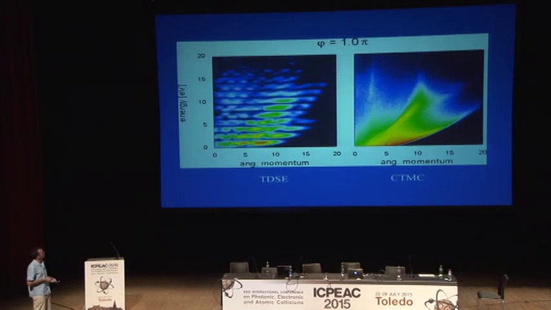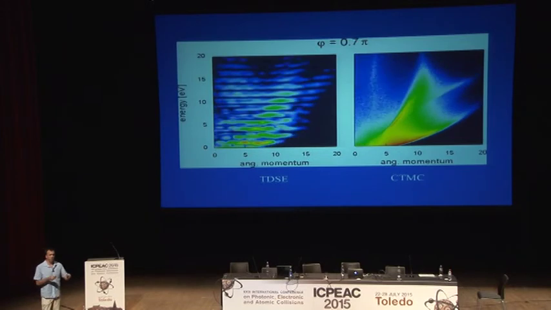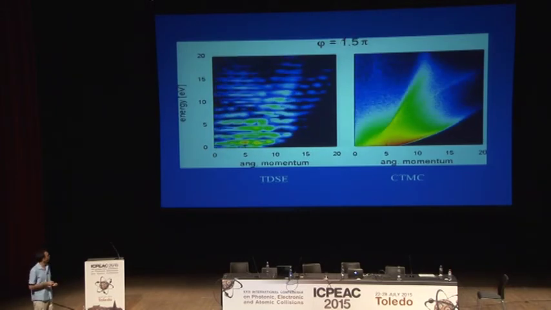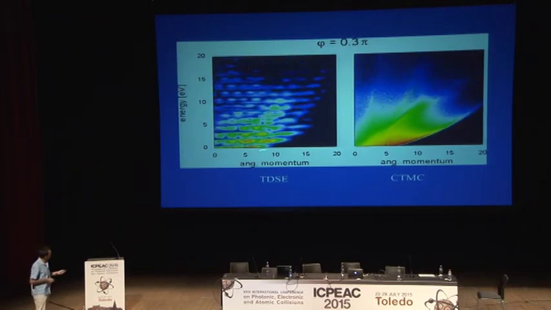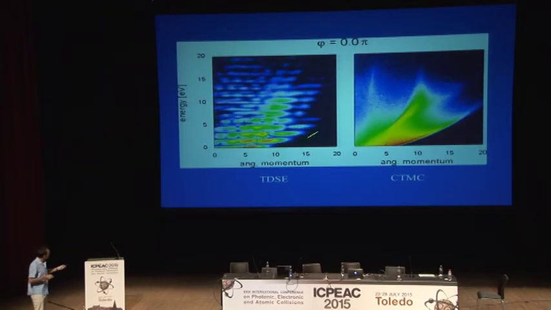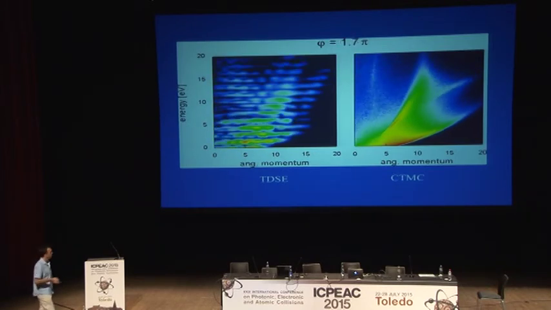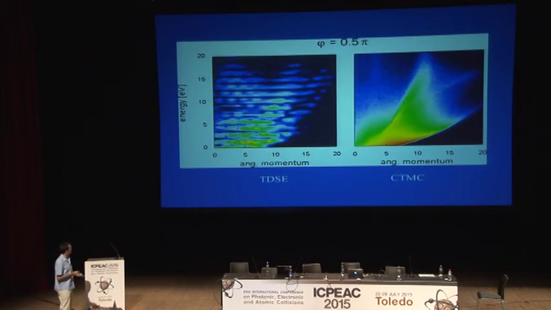And this is also moving when the two-color phase is changing. I will not describe some of these structures here, but we have submitted one proceeding in this conference about them.